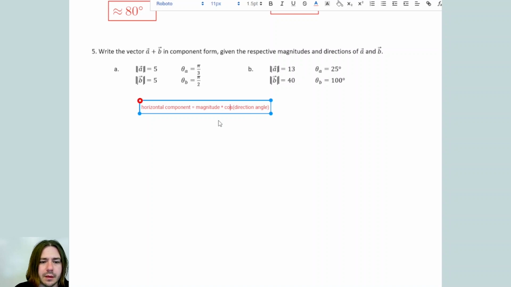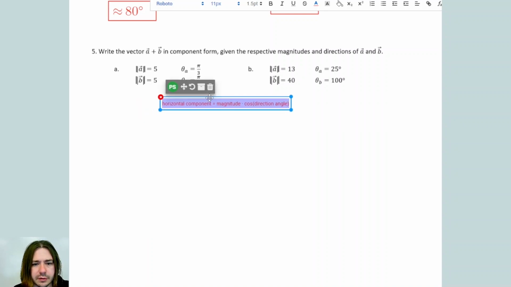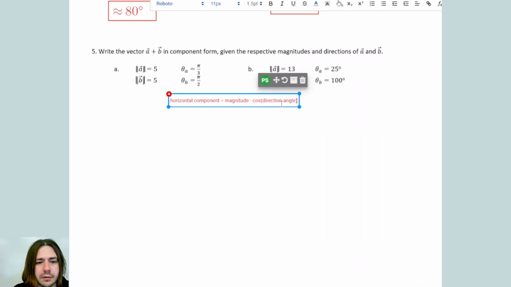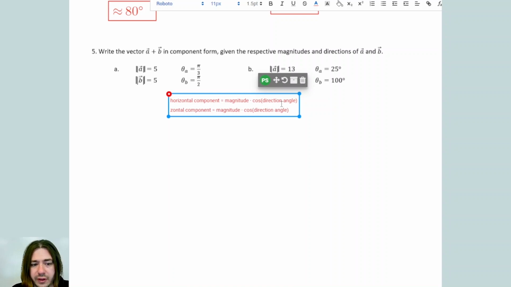I wonder if I can throw in a little dot here instead. Yeah, that looks a little better. Okay, so that's how you find the horizontal component. And then to find the vertical component, you do the same thing, except use sine instead of cosine.